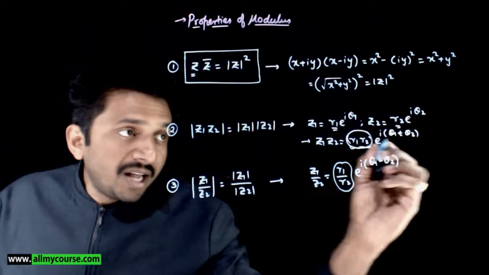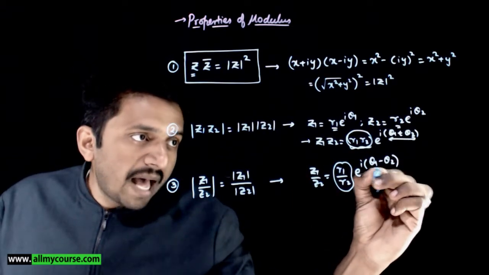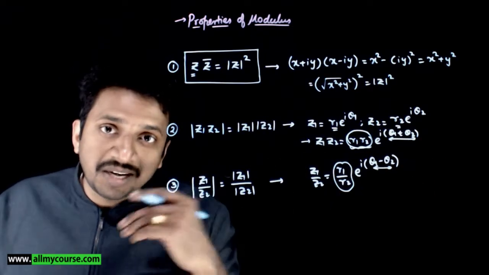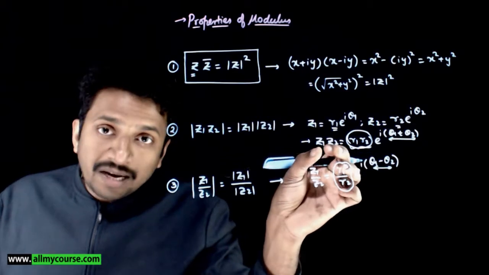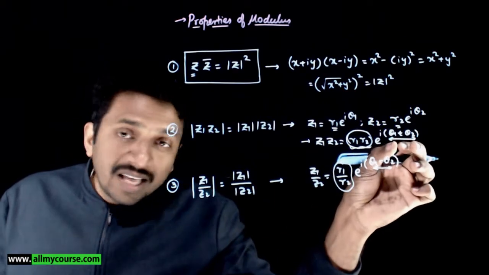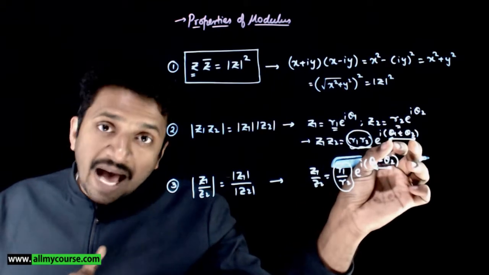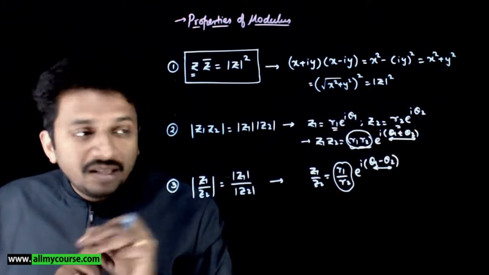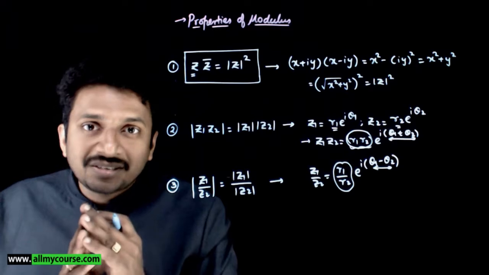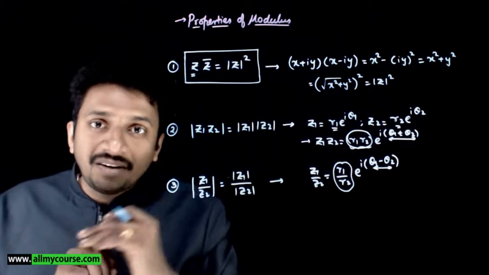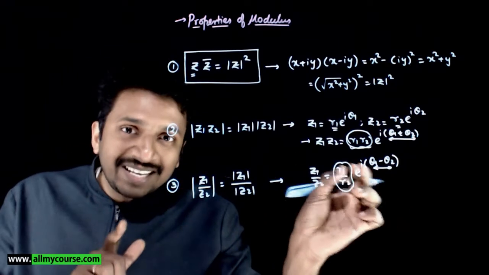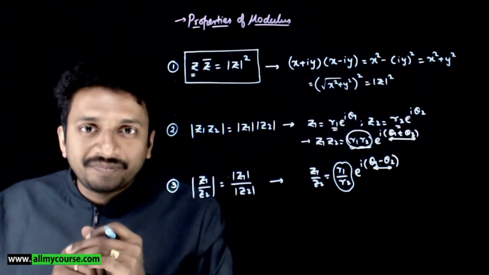If you are careful, you can also observe what is happening to the argument part, which we'll deal with later. When you multiply two complex numbers, their magnitudes get multiplied and their arguments get added. When you divide two complex numbers, their magnitudes get divided and their arguments get subtracted from one another.